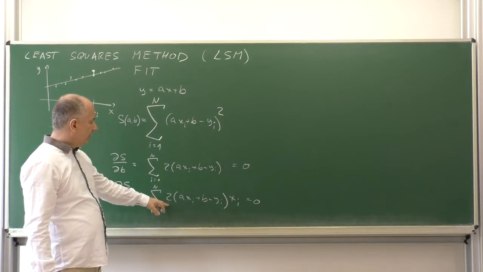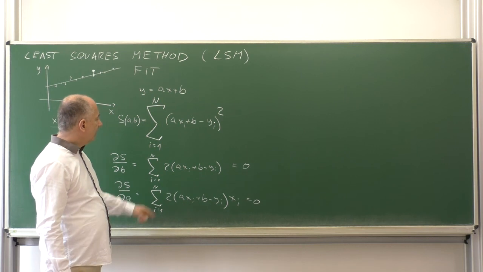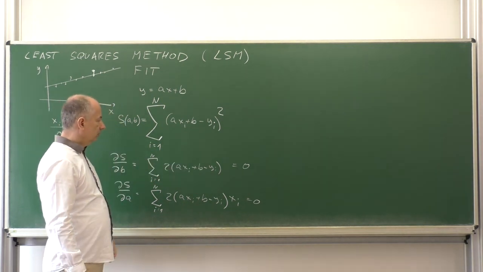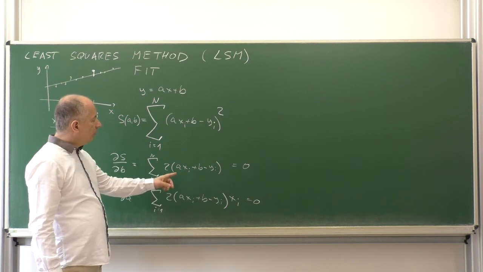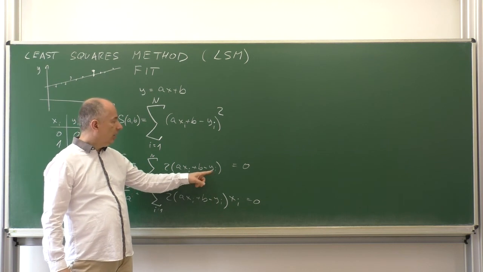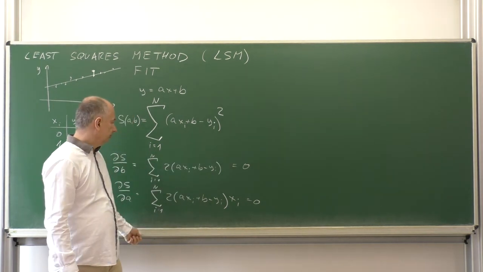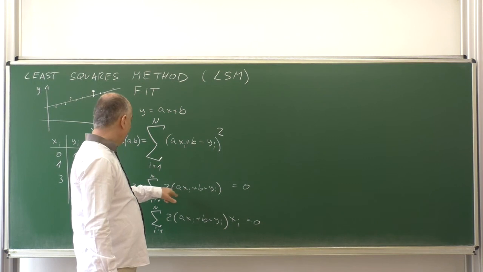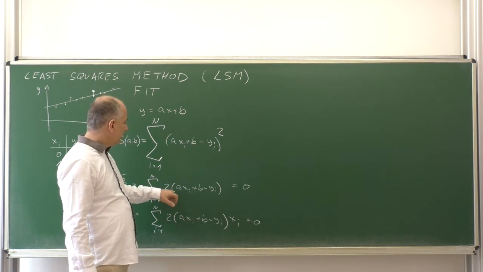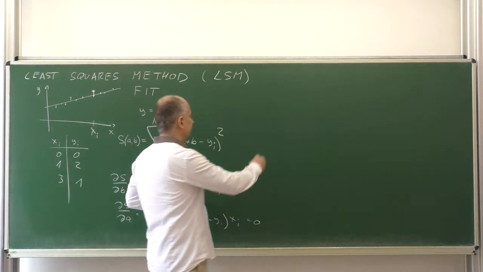First, we can divide by 2, and then we can sum these terms, and these terms, and then we can move the terms without the unknowns, a and b, to the right. So here we have the sum of axi, but in this sum we can factor out a.